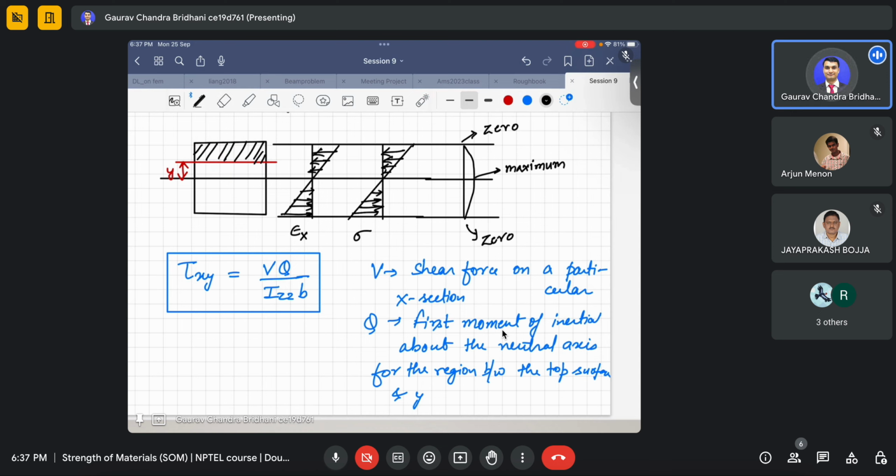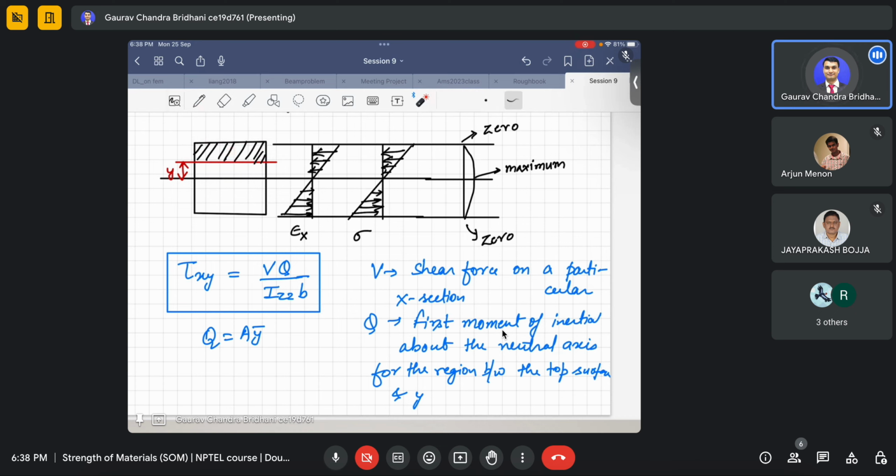You might remember this also. A is not the cross section area, it is basically this area which is shaded. As this y keeps on coming down, the area keeps on increasing. And y bar is the distance of the centroid of that area from the neutral surface.